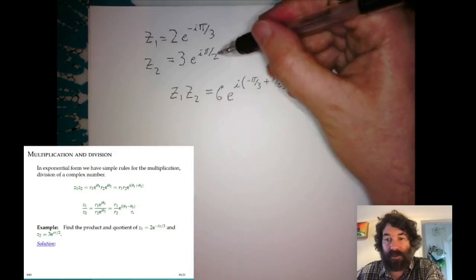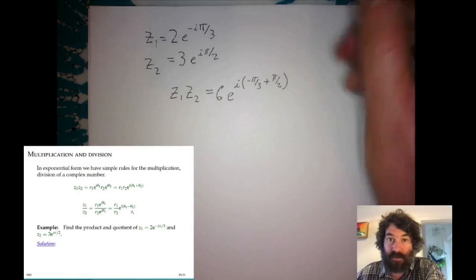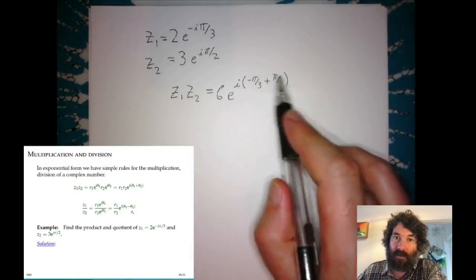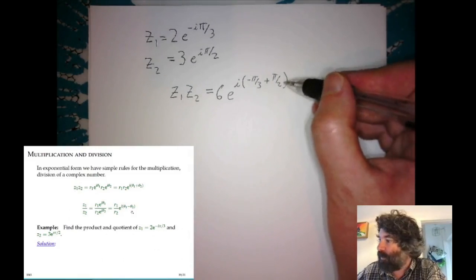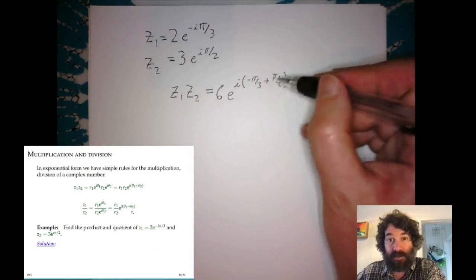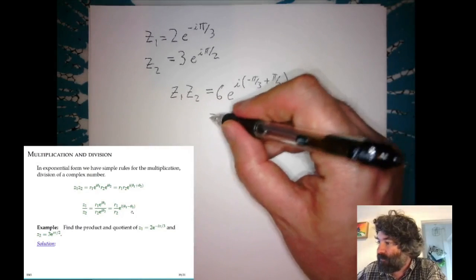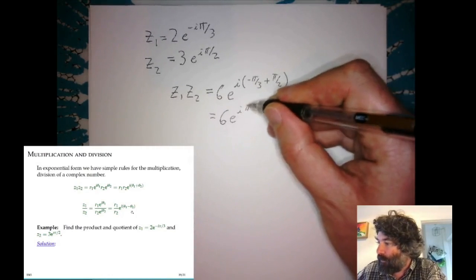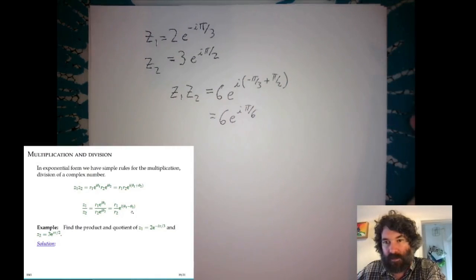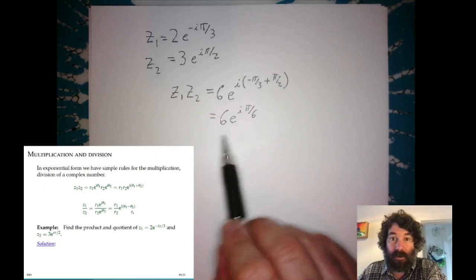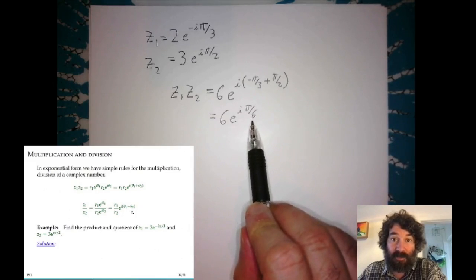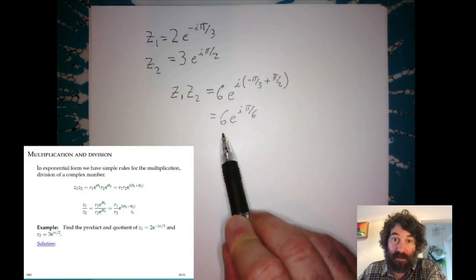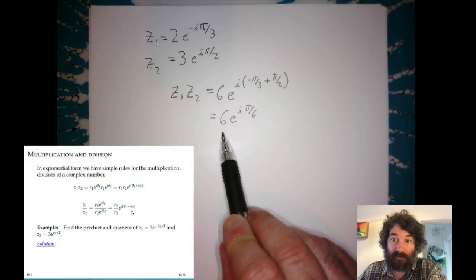We add the arguments of the two complex numbers. All right, and so pi over 2 is 3 pi over 6. Pi over 3 is 2 pi over 6. So when we take this difference here of the two angles, we get I pi over 6. All right, so the argument of z1 times z2 is actually pi over 6, and the modulus is 6.